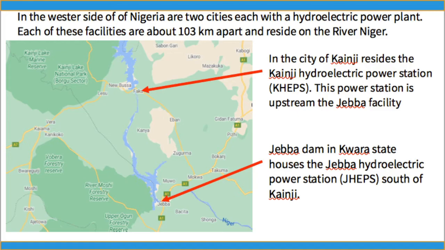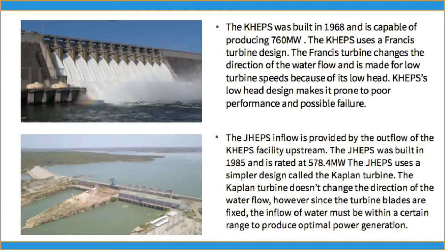Here we can see a closer image of these two facilities. The Kainji, built in 1968, is capable of producing 760 megawatts of power. The Kainji uses a Francis turbine design, and we're going to see how that's actually kind of a design flaw. It changes the direction of the water flow to produce electricity, and it's just not the best design. The Jebba facility was built in 1985.